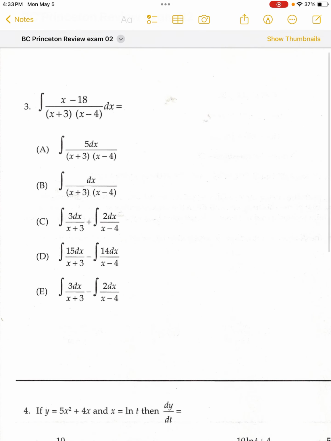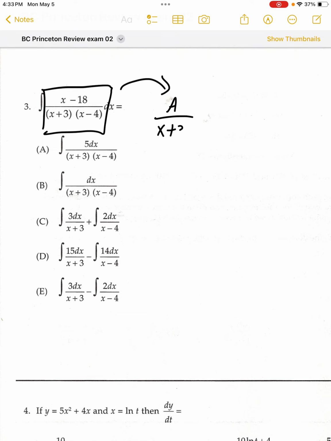We have partial fractions. So we're going to represent this big fraction right here as the sum of two smaller fractions with only one of the factors of the common denominator present in each fraction. So it will be a over x plus 3 plus b over x minus 4 equals x minus 18 over x plus 3 times x minus 4.